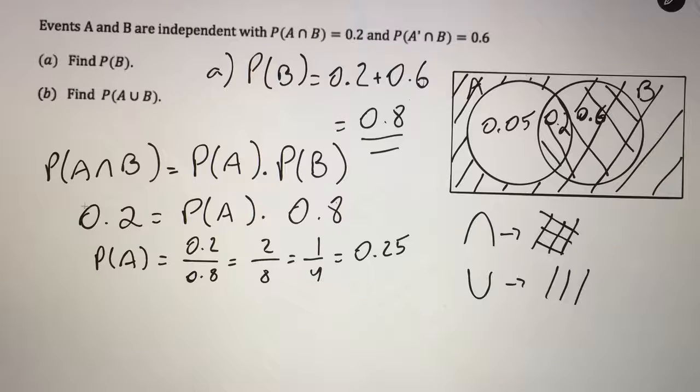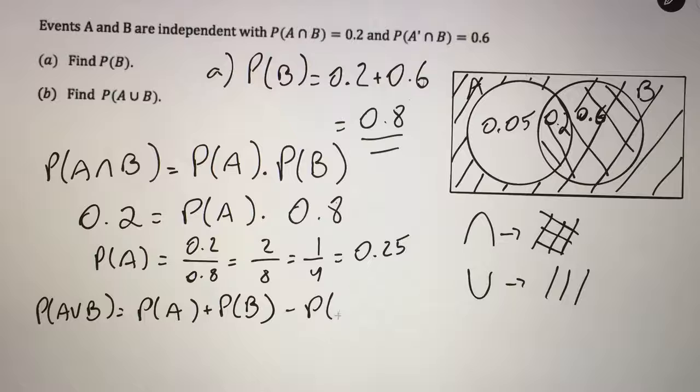Now, for part B, find the probability of the union between A and B. I know that the probability of the union is the probability of A plus the probability of B minus the intersection.